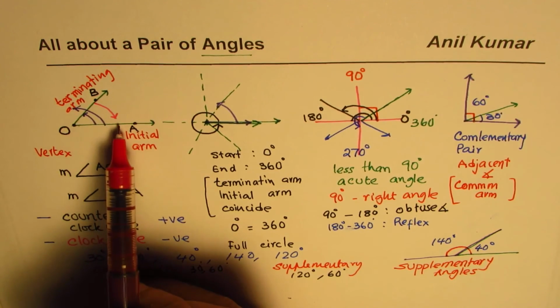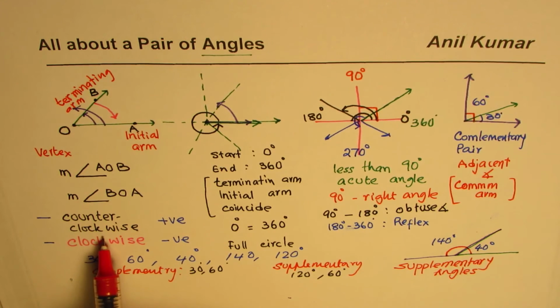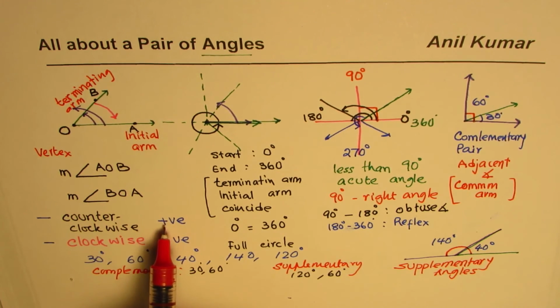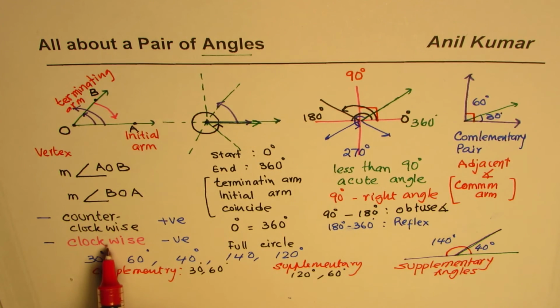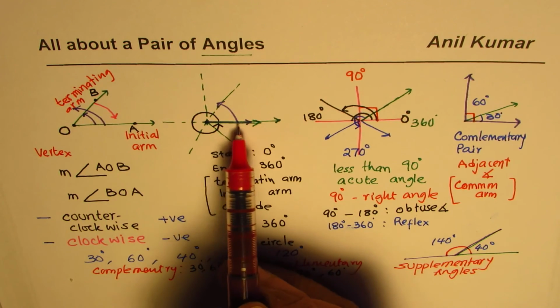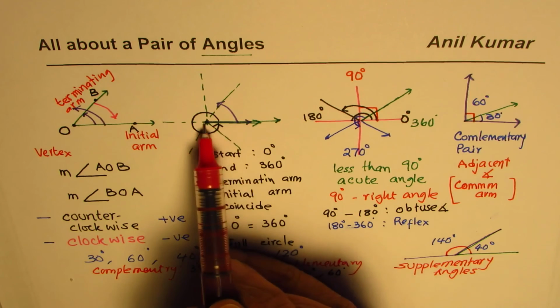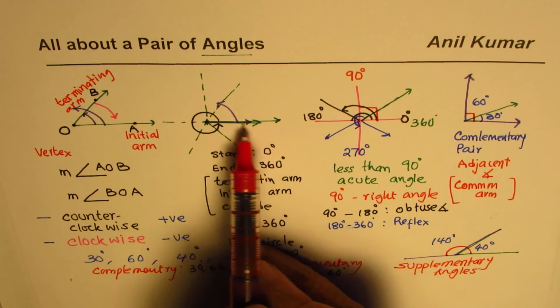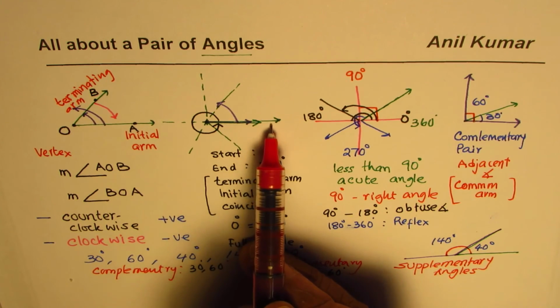Normally, if we increase the angle in the counterclockwise direction, we are moving in a positive direction and the angle increases. If we move the arm in the clockwise direction, we are decreasing the angle, that is the negative direction. The initial arm is normally placed along the east side, or on the coordinate plane along the positive x-axis.